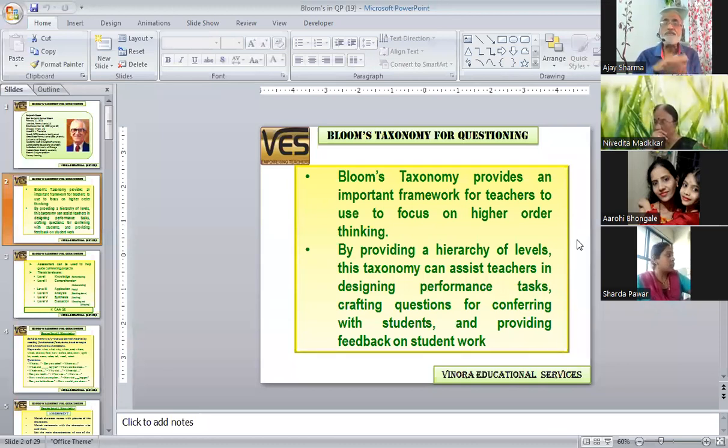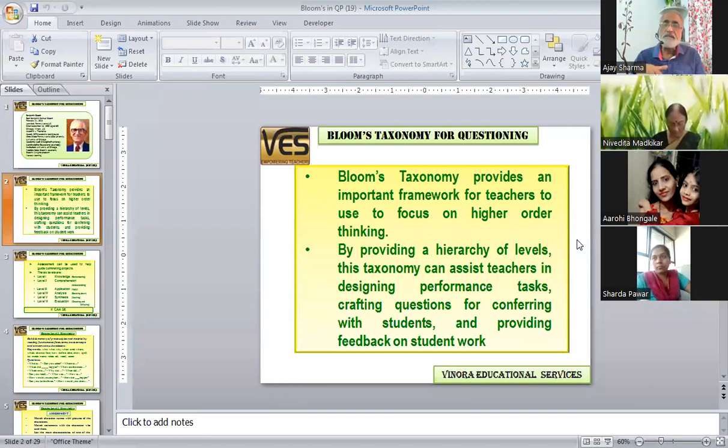This helps teachers in designing performance tasks, which means whatsoever task you are going to give to the students, you can assess them. You can first plan it, then design it, then execute it, and then craft questions. And the final thing is feedback on the students' work, what you have done.